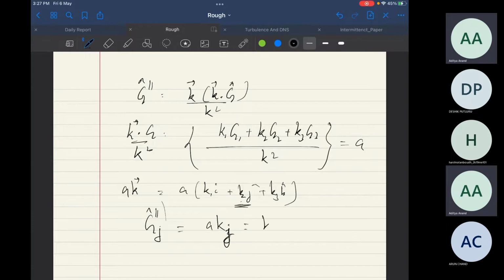So this would be kj times k1 g1 plus k2 g2 plus k3 g3 divided by k square.